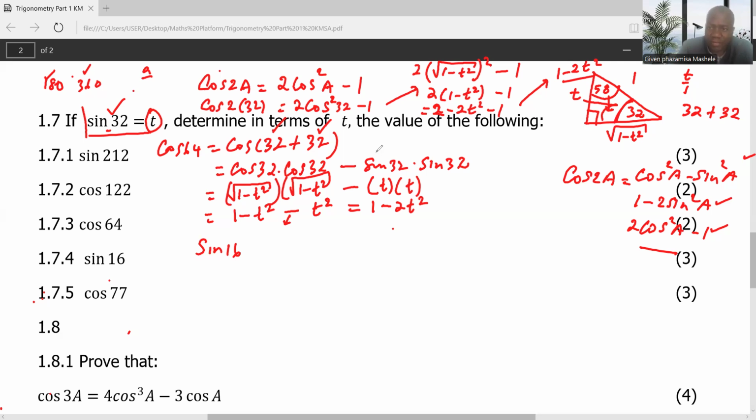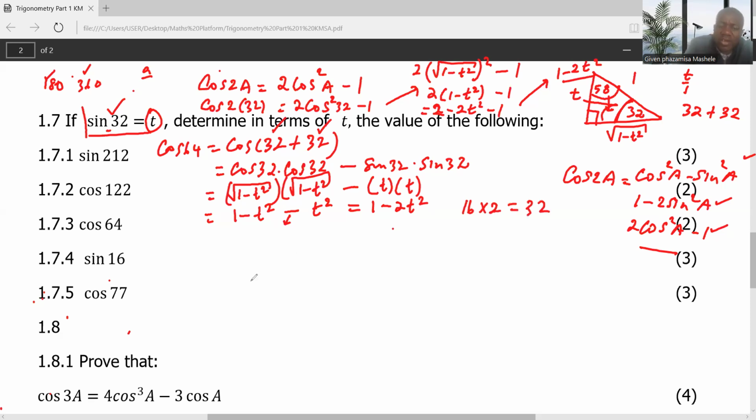Look at this. Since we want sine 16, we're going to use the double angle for cos like this. We're going to say that 16 times 2 is the same as 32.